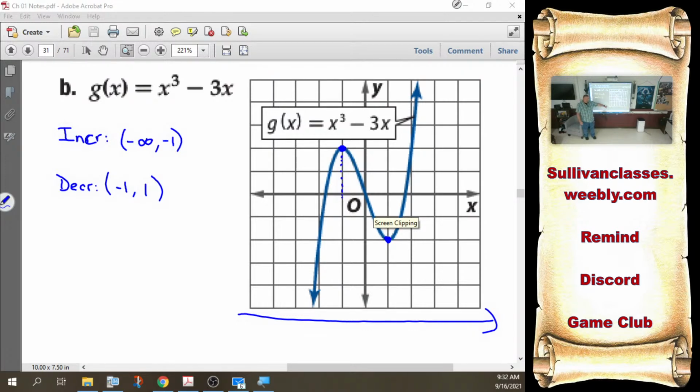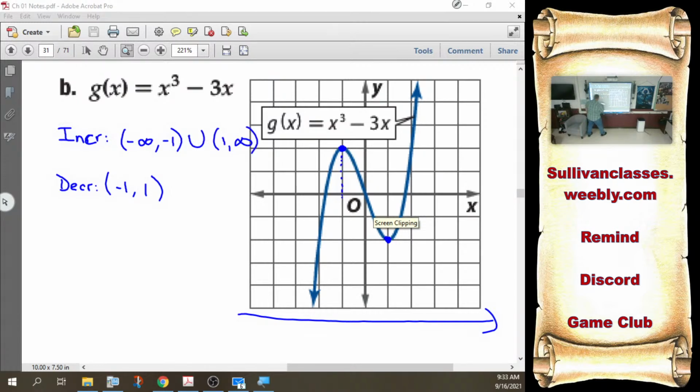I suggest that you put that little arrow, that little line, and go across this way to remind yourself. Because your intervals of increase and decrease, you should be able to line them up as a number line when you're done. Okay? And then it starts increasing again from 1 to infinity. So, union, from 1 to infinity.